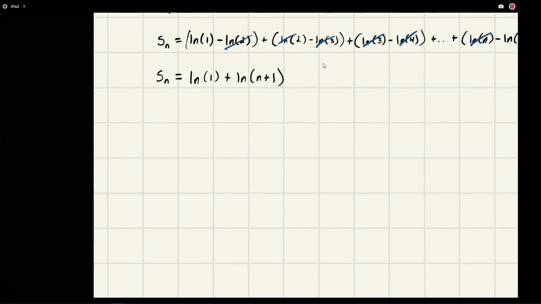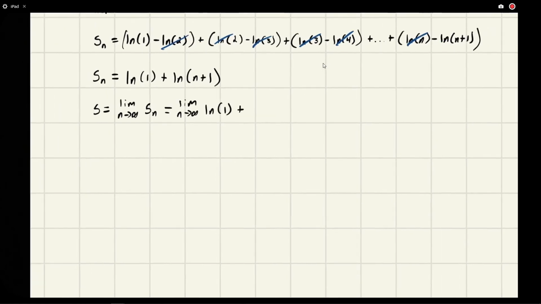And here we know that the sum of the series is equal to the limit as n goes to infinity of our sequence Sn. And if we take this limit, we're going to take the limit as n goes to infinity of the natural log of 1 plus the natural log of n plus 1.